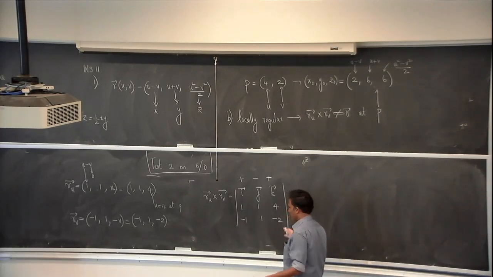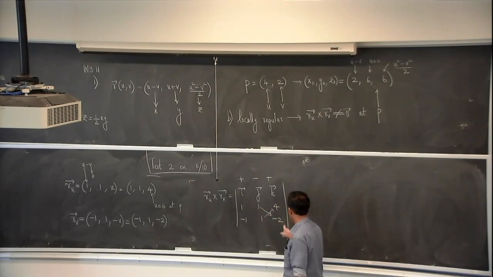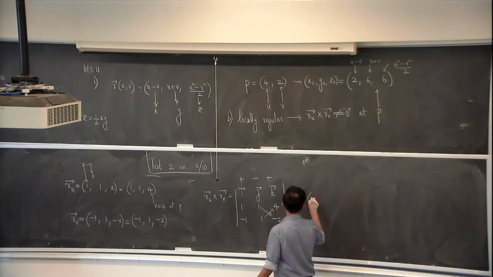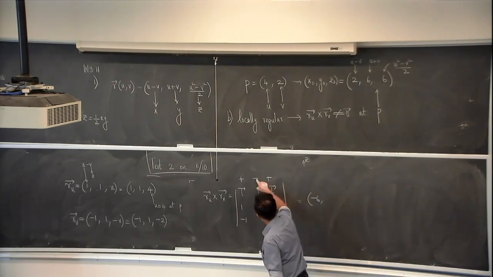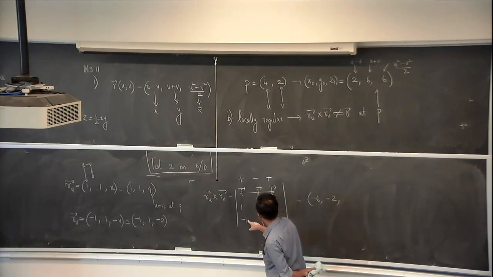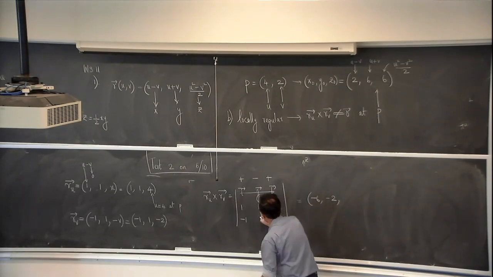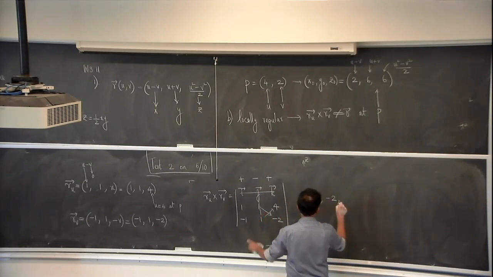What we want to see is, are we going to get all the components equal to 0? I think as soon as you do the first term, you get the answer, right? That's negative 2 minus 4, negative 6, already not equal to 0. So just complete it. That's going to be negative of negative 2 minus negative 4. That's negative 2. And k times, what is here? 1 minus negative 1, 2.